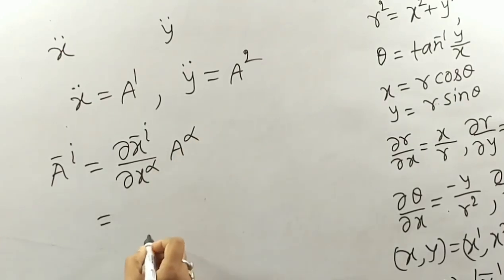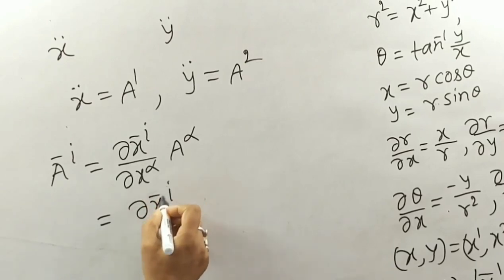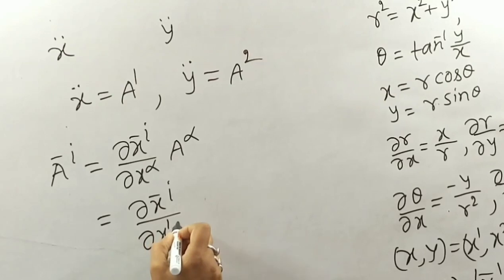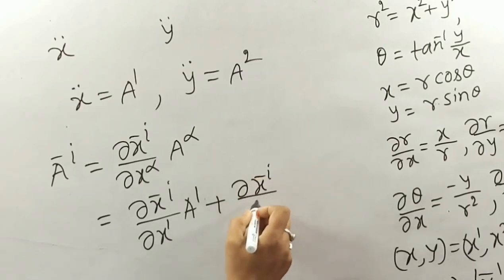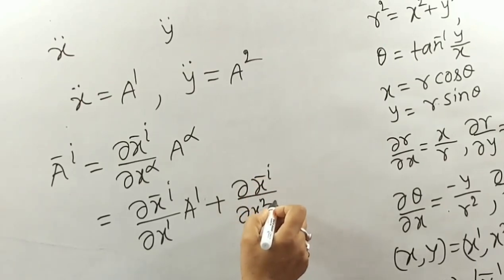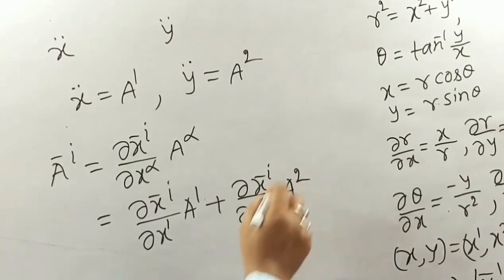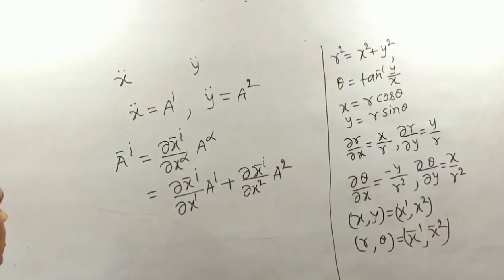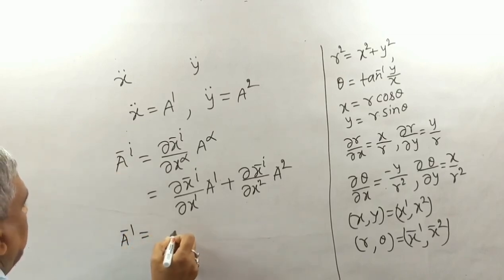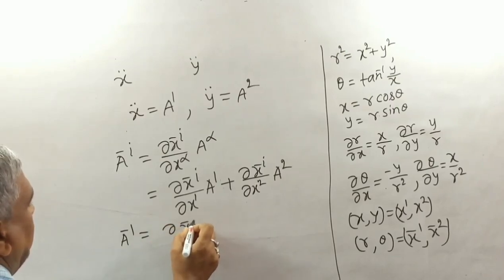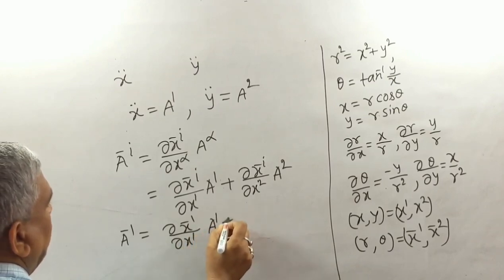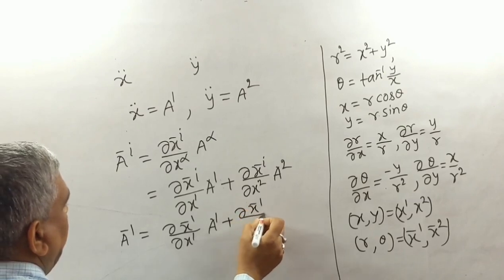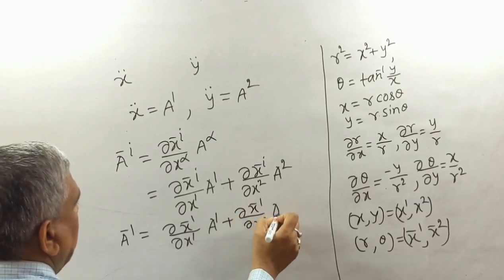We expand this: del x bar i by del x1 a1 plus del x bar i by del x2 a2. Putting i equal to 1, a bar 1 equal to del x bar 1 by del x1 a1 plus del x bar 1 by del x2 a2.